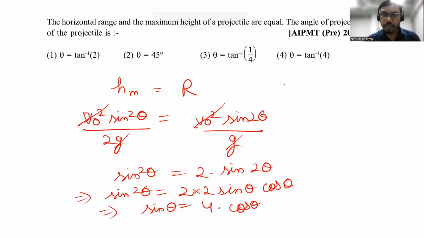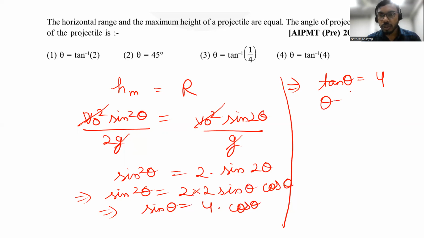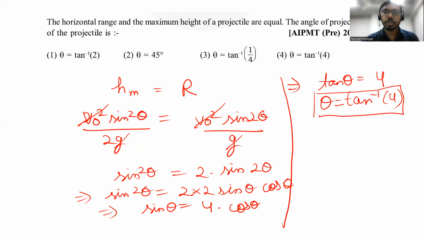So if we take cos theta to the other side, we get tan theta is equal to 4. Tan theta is equal to 4. So that makes theta equal to tan inverse of 4, and that is our condition.